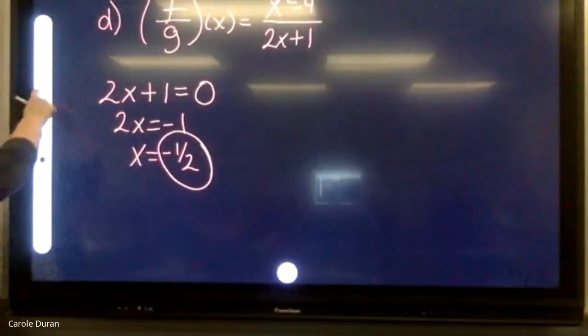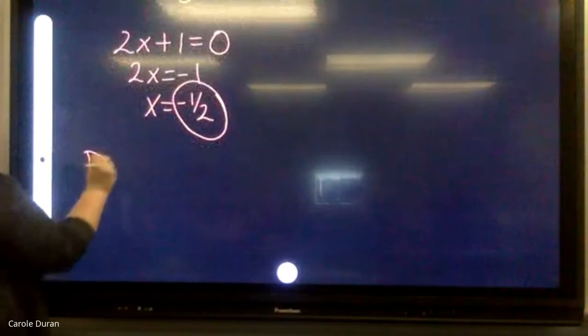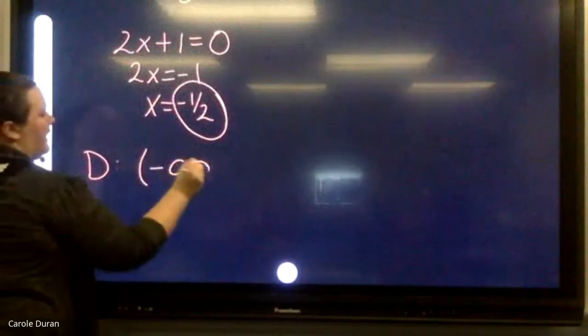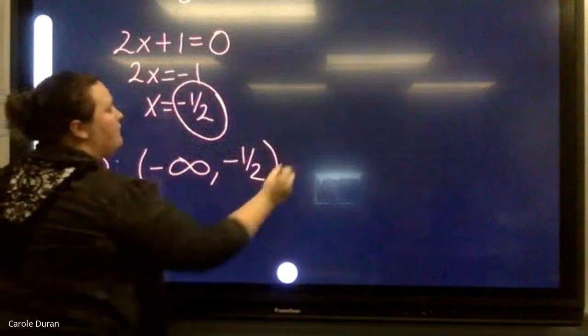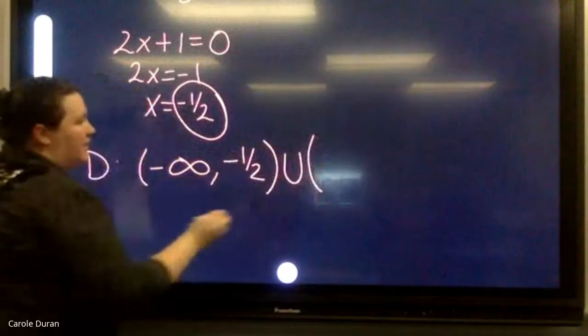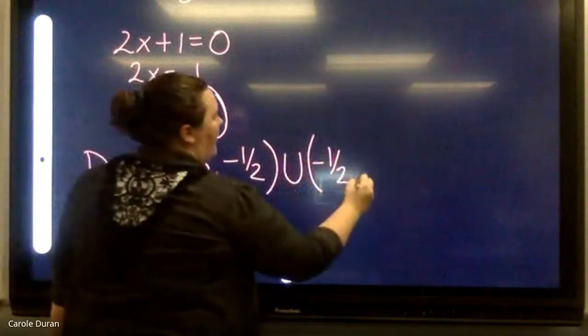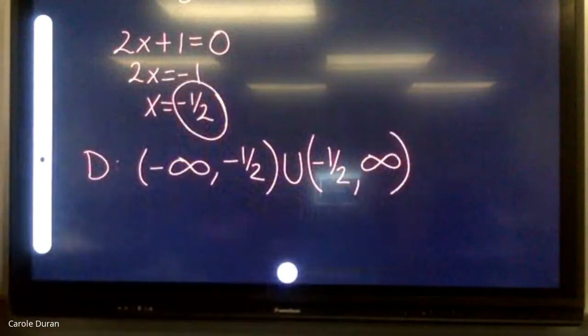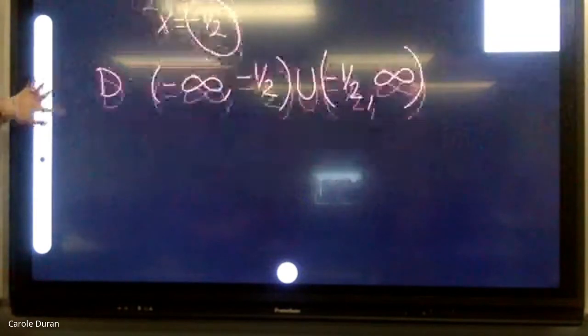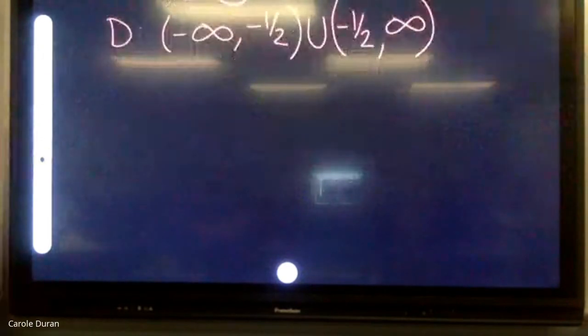So the way I would write my domain, I would start at negative infinity. I would go to negative 1/2. I'd stop, and then I would start a new one, picking up from negative 1/2 to infinity. Because we are using soft brackets at each of those negative 1/2, it tells me that I can get infinitely close to negative 1/2, but I never actually plug negative 1/2 into this function.